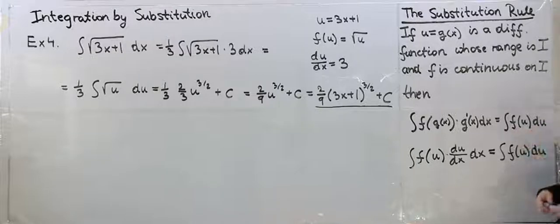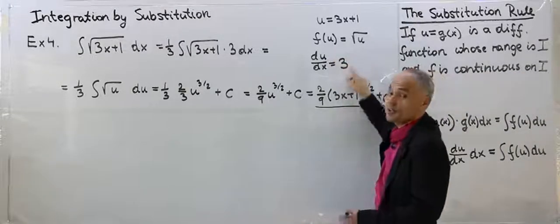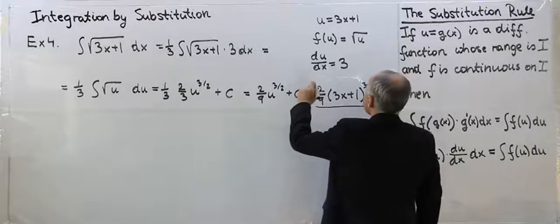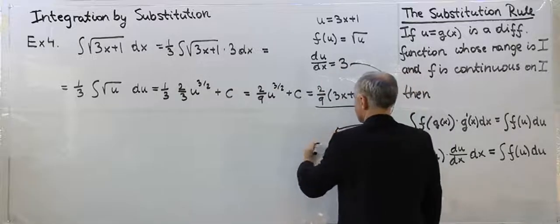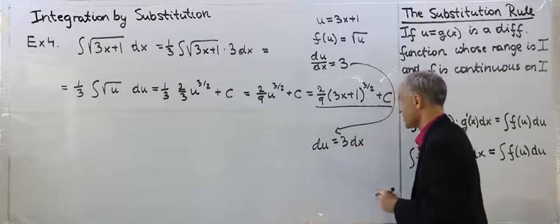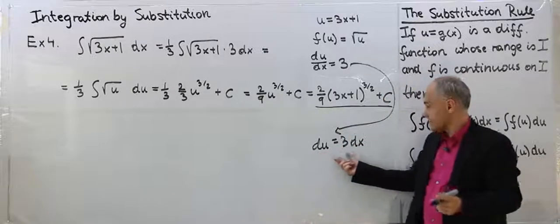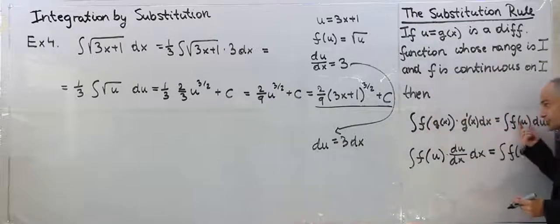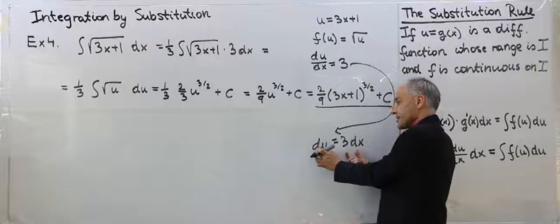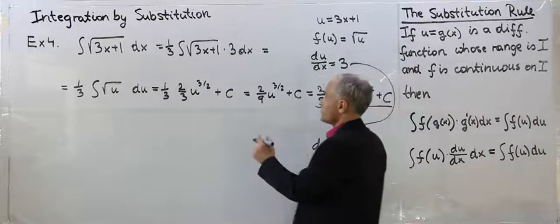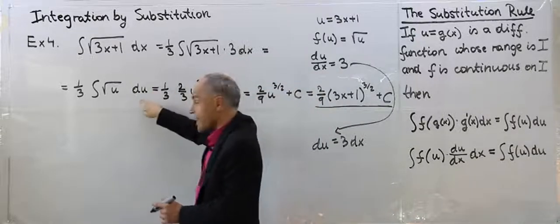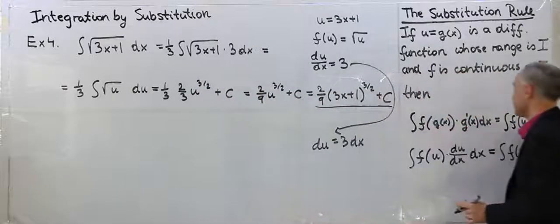In other words, if I were to write this equation du by dx as du is equal to 3dx, although technically for us it doesn't make sense, the substitution rule says that, okay, if for a moment you formally allow me to write du is equal to 3dx, and then I will replace 3dx with du, that's okay. That's okay because of the substitution rule.